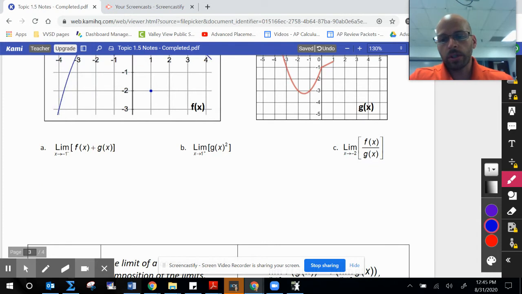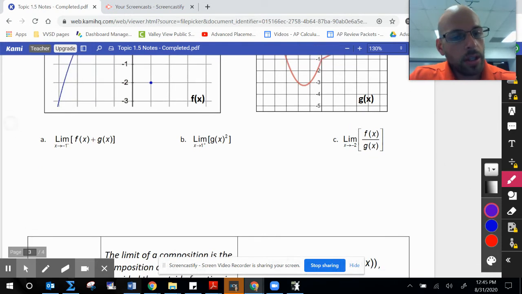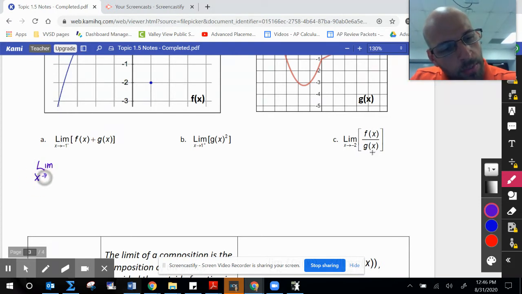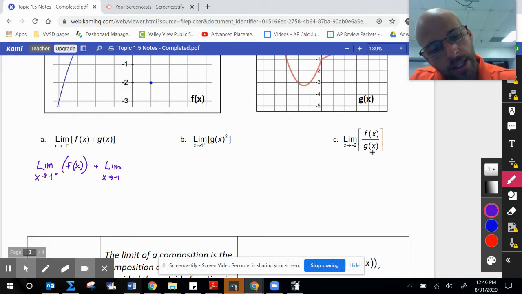So I'm going to go through these one by one. If I were to start and expand this out, again, practicing proper limit notation, limit as x approaches -1, and we're going from the left, of f of x plus the limit as x approaches -1 from the left of g of x.